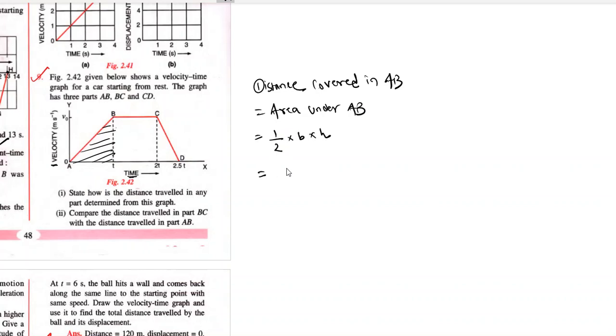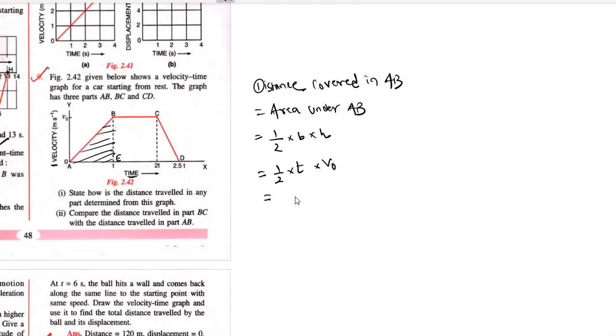Area of triangle AB, and this point is not known, we can name it E. Right? So what is the base? See, there is no number over here. There is just T. So 0 to T. What is the time? T. What is the height? The height is from here till B. That is V naught.